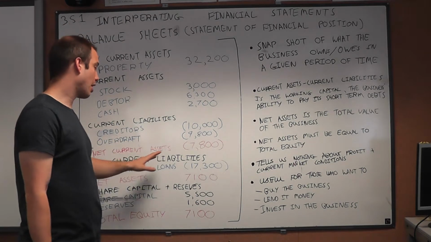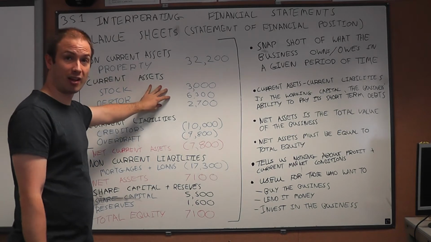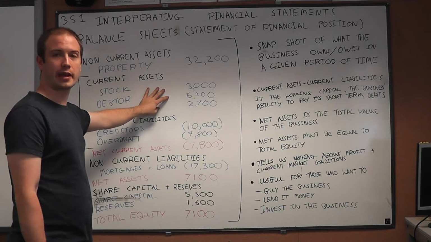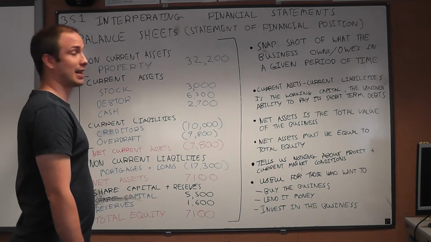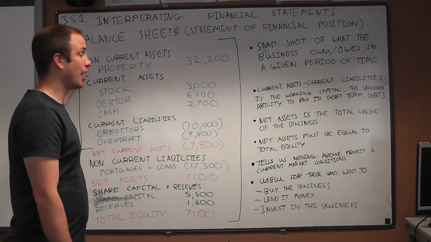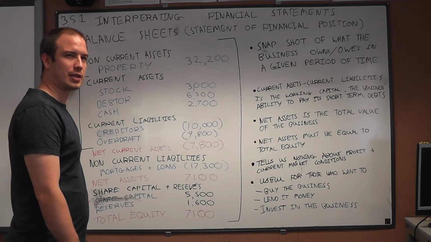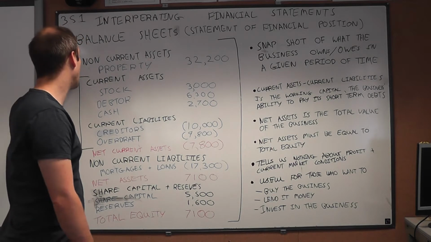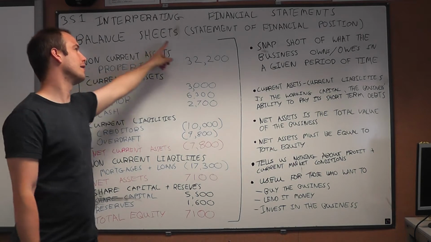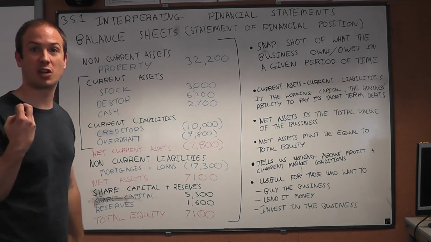More importantly, you could see what their current assets are like, so what their ability to pay you back is like, and what their non-current assets are like. Because if you were to take out a mortgage, you'd want to make sure that the business had something that they could give to you in the event that they couldn't pay their debts. So the fact that they've got this amount of property means that they've got collateral that they can lend against.